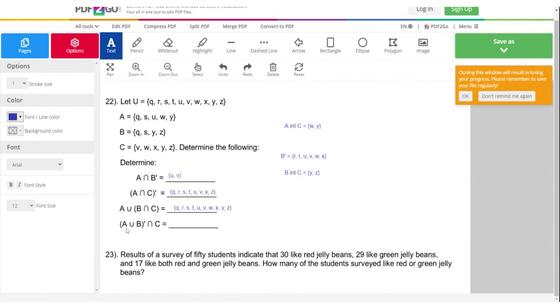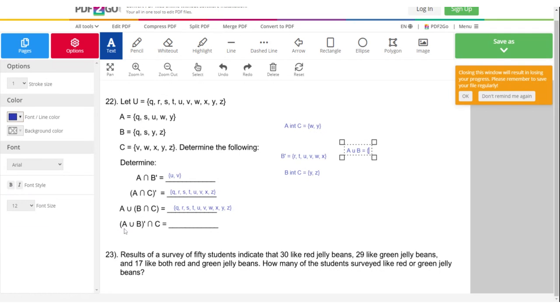A union B complement. So find out what A union B is. So that means putting these two together.